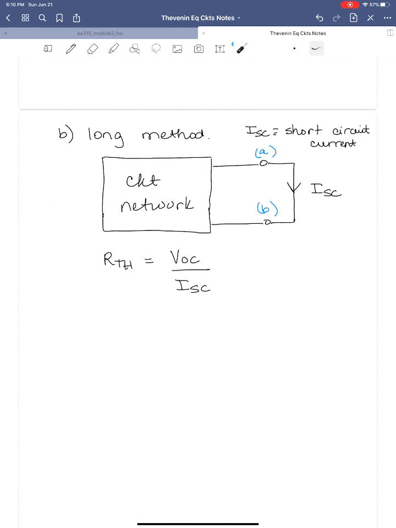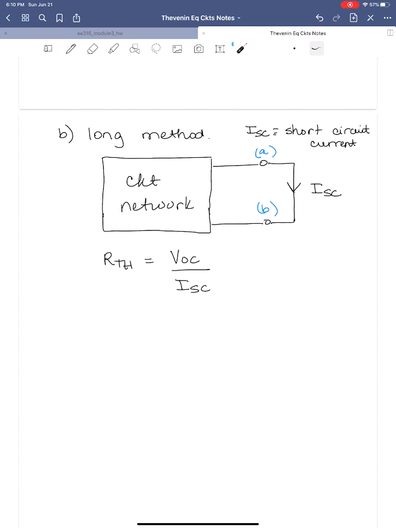Now, it's possible outside of this class that you could get a negative resistance. Remember, this is just an equivalent model of what's going on, and it's possible to have a circuit that is not well behaved when it comes to resistances, and so you could end up with a negative resistor, but not in this class. Okay, I won't give you a problem like that.